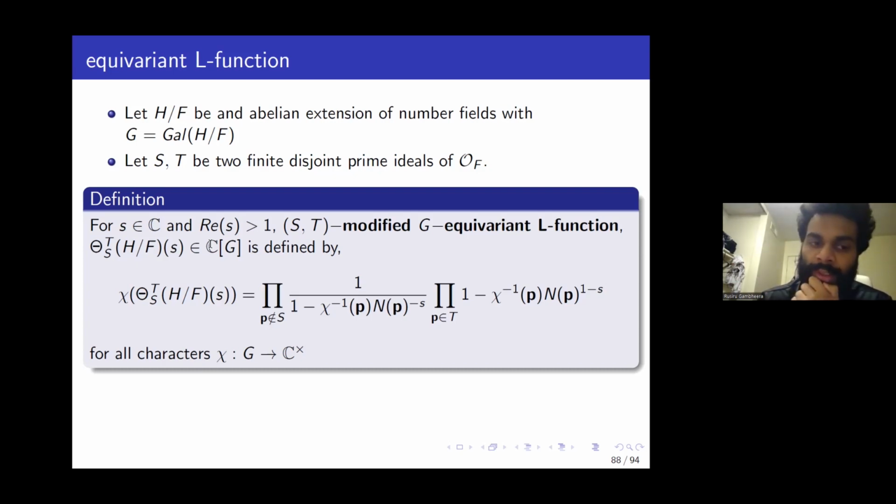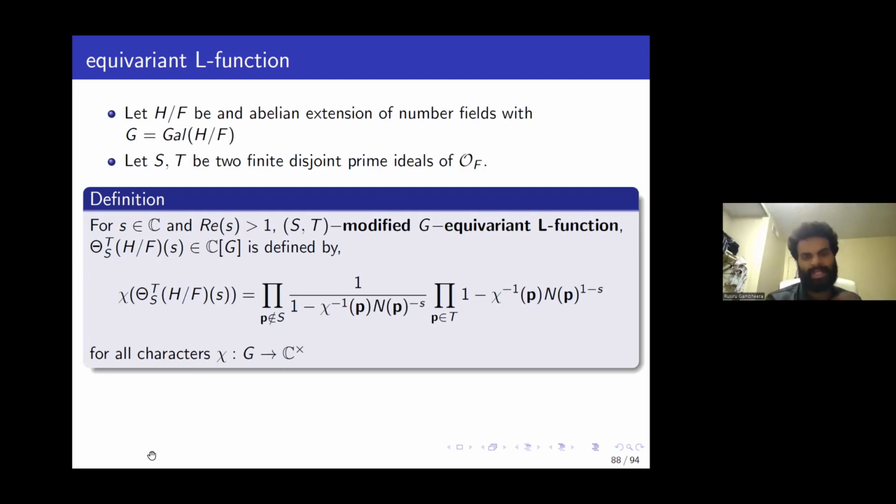So now this theta doesn't spit out complex numbers, but group ring values. These values would look like 2 times g1 plus 3 times g2 plus 7 times g3 and so on, where g1, g2, g3 are elements of the group G. So it is still analytic because it takes values in the complex numbers and has an analytically defined formula.